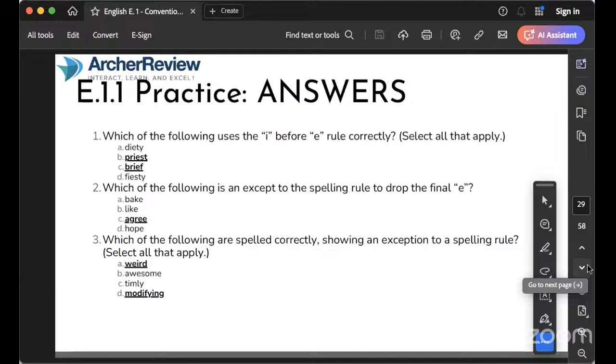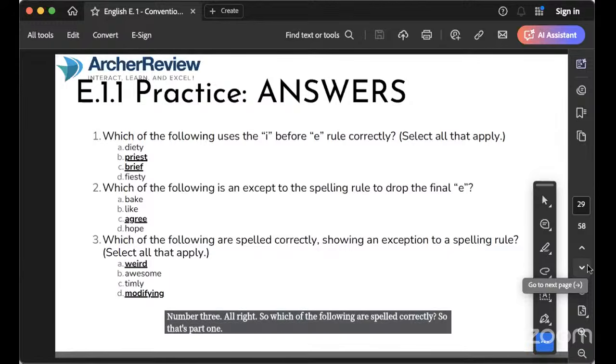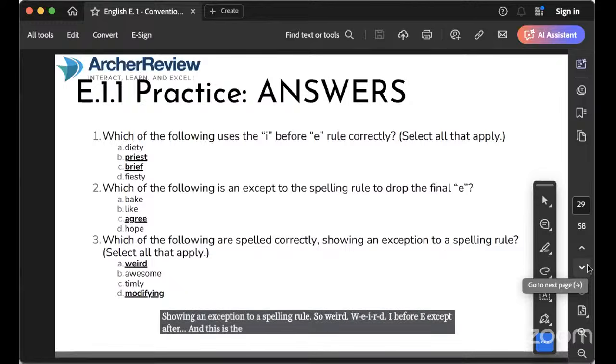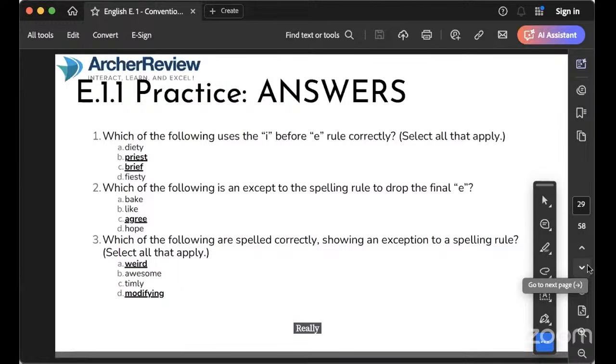Number three. All right, so which of the following are spelled correctly? So that's part one, showing an exception to a spelling rule. So weird, W-E-I-R-D. I before E except after C, and this is the one where it makes the "ay" sound. We didn't talk about this one, but that's what that rule is there. Again, there are so many with those I before E that you really need a deep dive into.